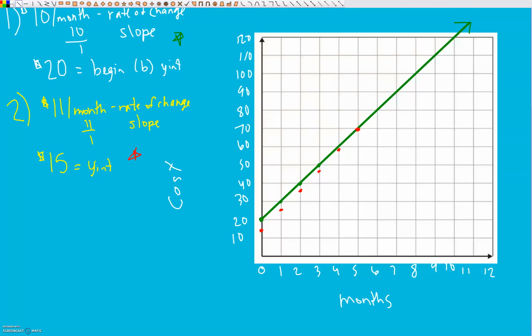So if I connect my dots here, and you can do these with a table as well if you'd prefer. Let me do that in red. For some of these where you have to kind of guess values, tables work too. And an arrow there.